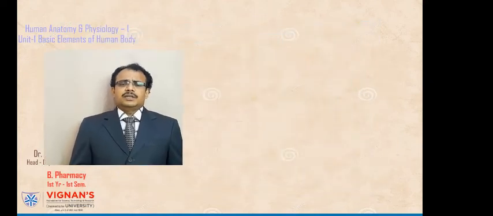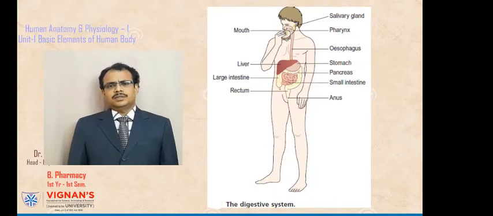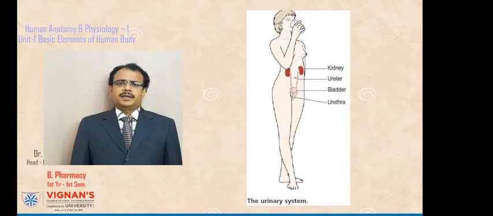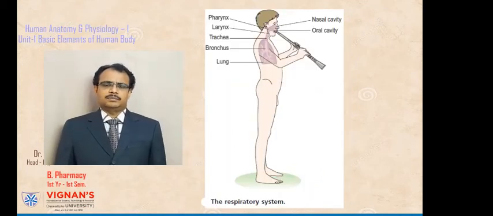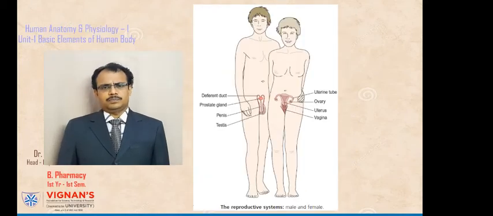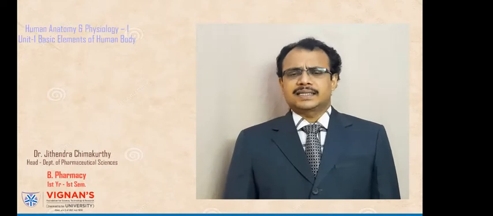You will also be studying the digestive system, endocrine system, urinary system, respiratory system, and reproductive system. These are the systems which you will be studying in your second semester.